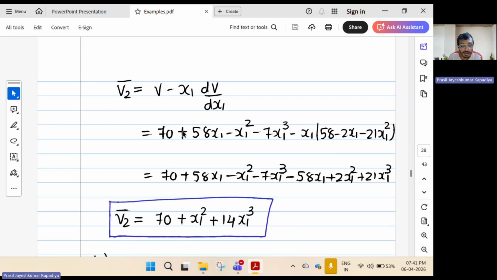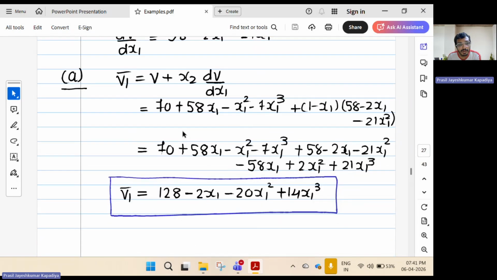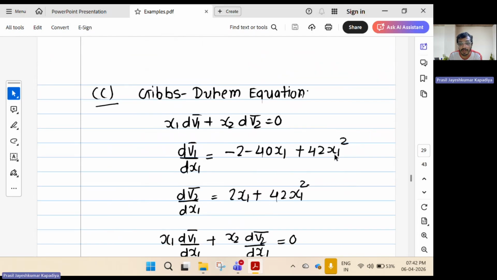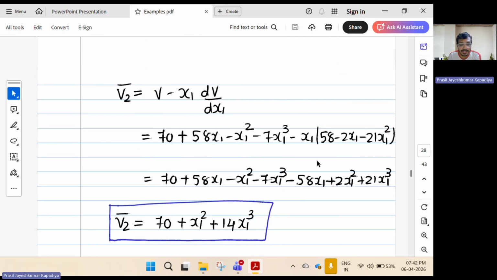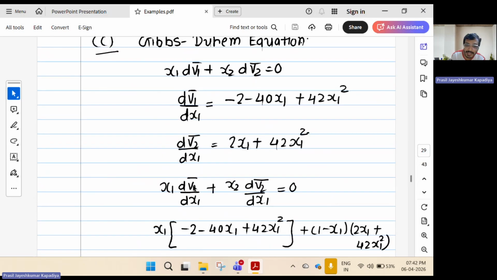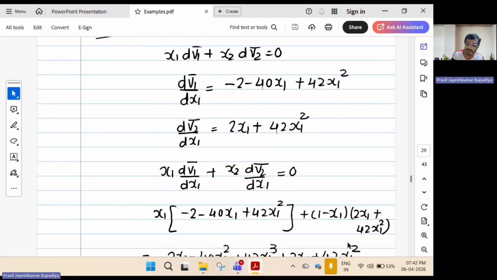So we have V1 bar. So what is dV1 bar/dx1? Differentiating this equation with respect to x1, it is minus 2 minus 40 x1 plus 42 x1 square, correct? And dV2 bar/dx1 is 2x1 plus 42 x1 square. Okay, so x1 into dV1 bar/dx1 plus x2, that is 1 minus x1, into dV2 bar/dx1.